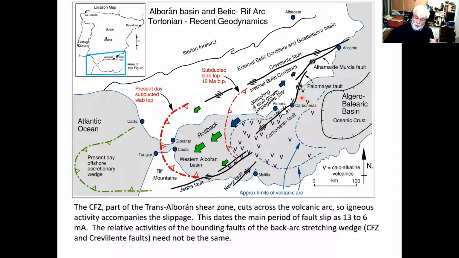And we can use those volcanics, and we have used those volcanics, to date fault movements quite precisely. And we find that the movement on this fault zone is very strongly focused between 12 million years and 6 million years, after which it reduces very considerably, so that now we see the same pattern of movements taking place at the present day, but with a much lower degree of intensity.